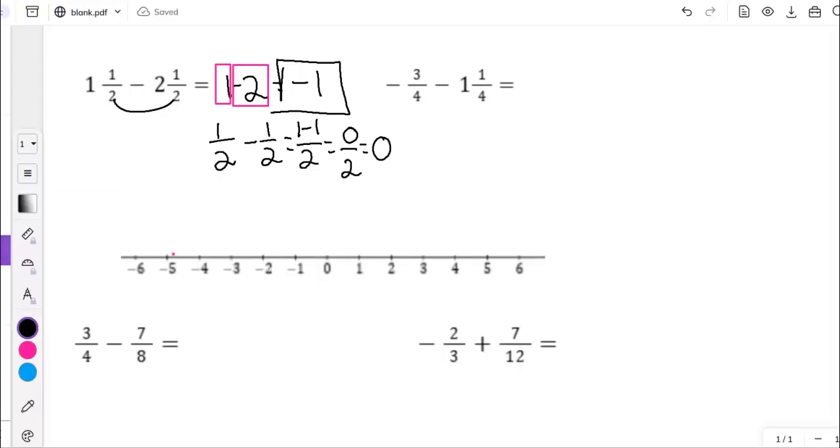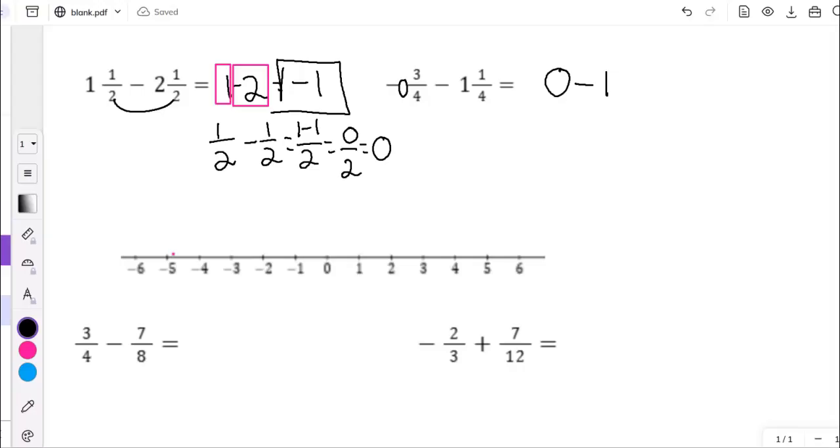All right, then for my next one, I'm going to do the same. There is no whole number there for me to subtract the whole number of 1 from. So we can think of this like a 0 right here. So I can do 0 minus 1. You don't need to put the negative there because there's no such thing as a negative 0.